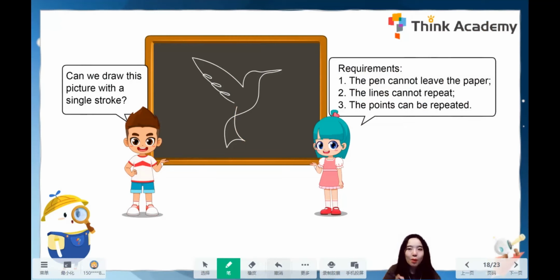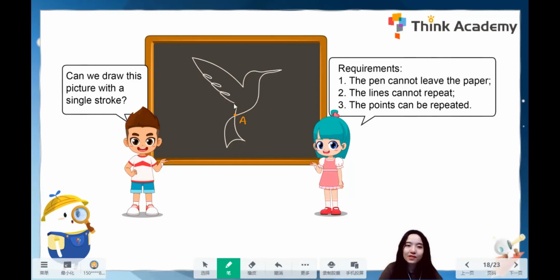When we say the points can be repeated, like this point, point A, after we go through point A, when we draw another part, we can also go through it again. In this way, we can draw the bird out within one stroke. It's not so perfect, but we can make it.